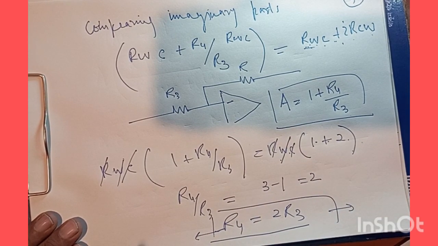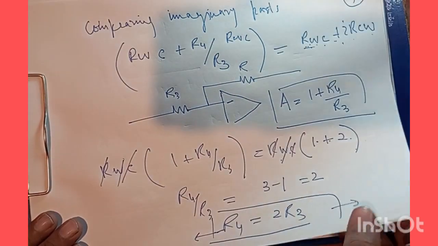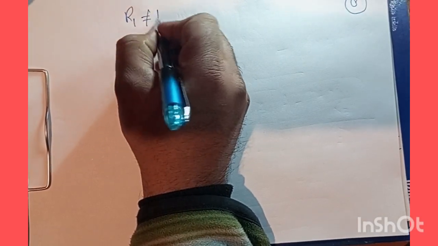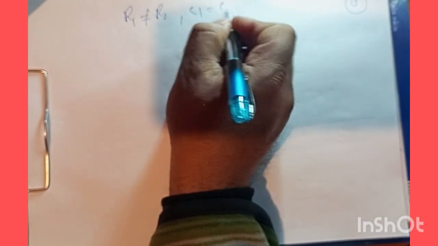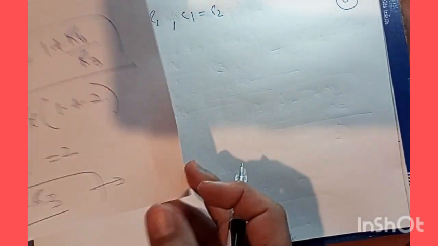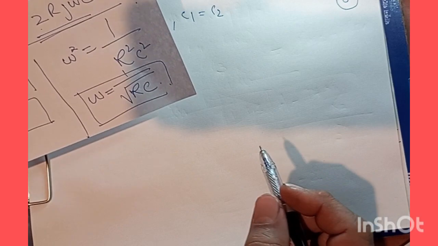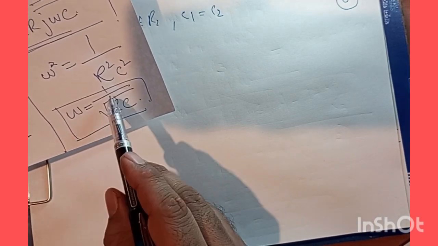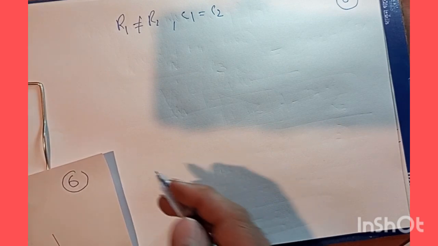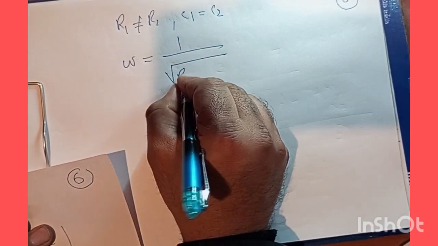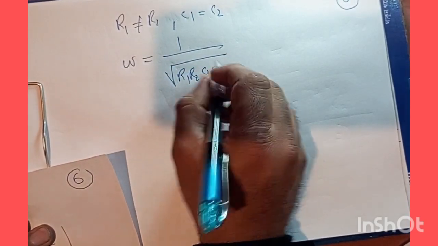in the Wien bridge. And if we do a similar analysis for the situation where we have R1 not equal to R2 and C1 not equal to C2, what we are going to obtain for the angular frequency for the sustained oscillation in the oscillator, instead of omega is 1 by RC, is omega equal to 1 by under root of R1, R2, C1, C2.